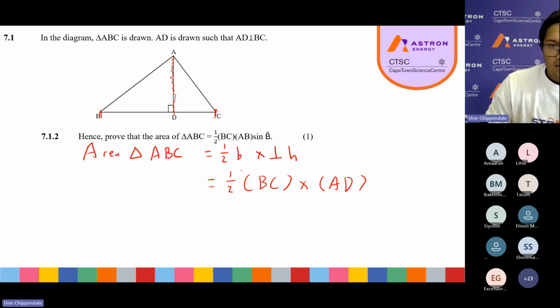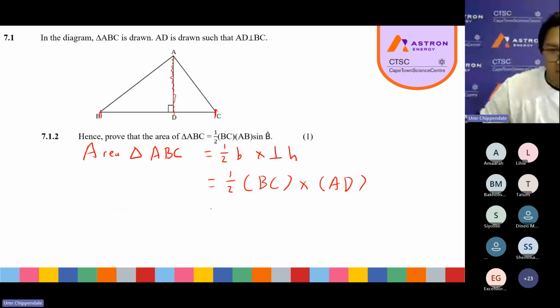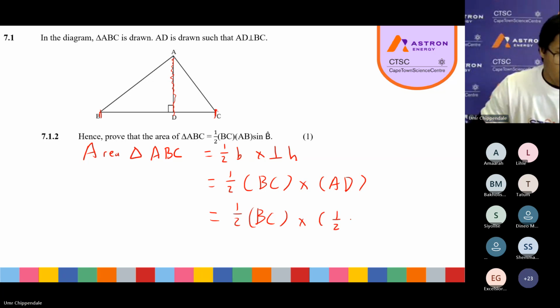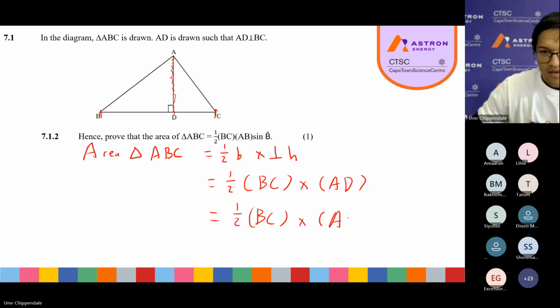So therefore, what we can now say is we know what AD is. If we go back to our previous slide, it was said AD is equal to AB times sine of B. So now we just write that out. So that is equal to a half BC multiplied by AB times sine of B. There we go.